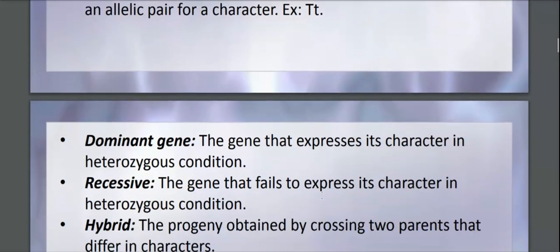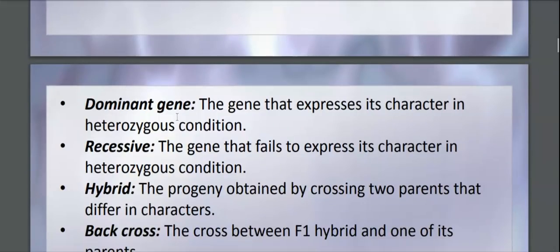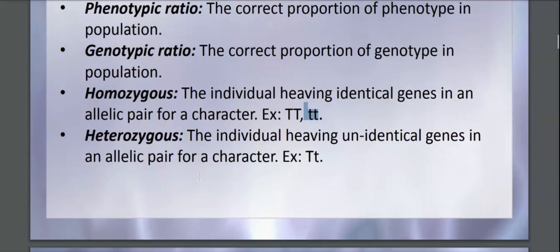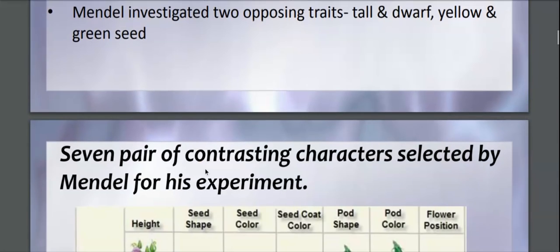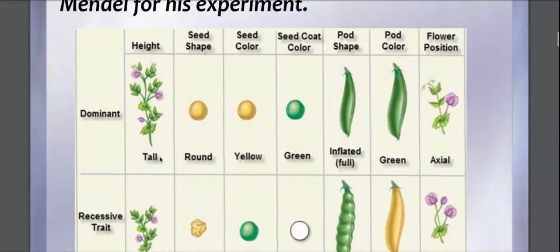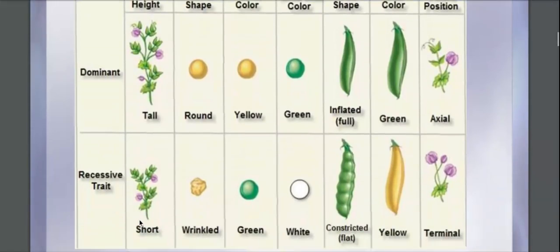Now, in the next slide, again, we come across this. I already told you that a dominant gene will show its characteristic or trait, and a recessive gene will hide its characteristic or trait. So going back to this slide where we said dominant traits, tall is brought about by a dominant gene, capital T, whereas dwarf pea plant is because it has the recessive gene, small t.